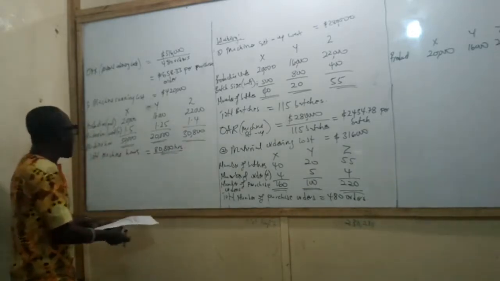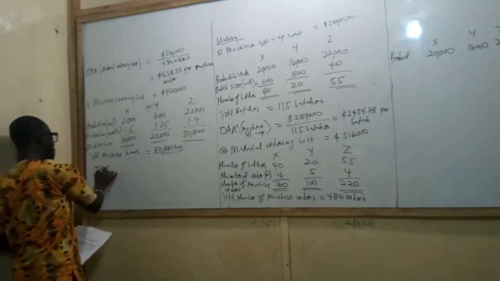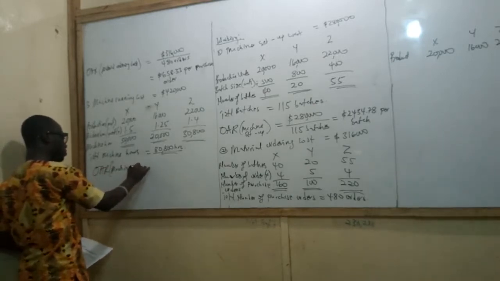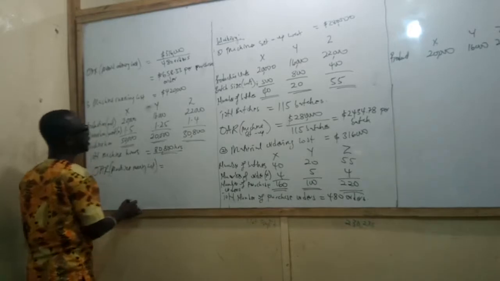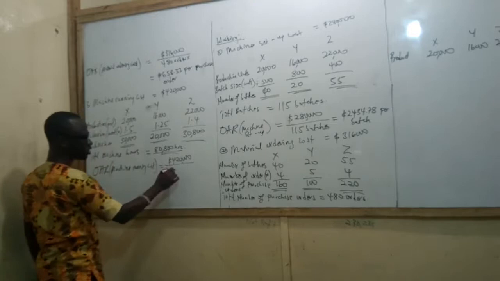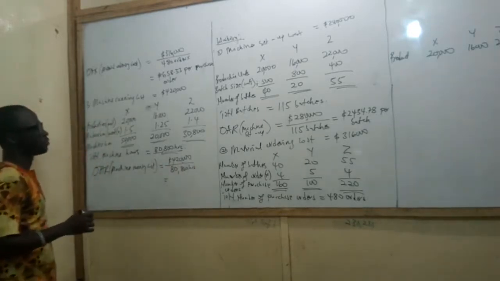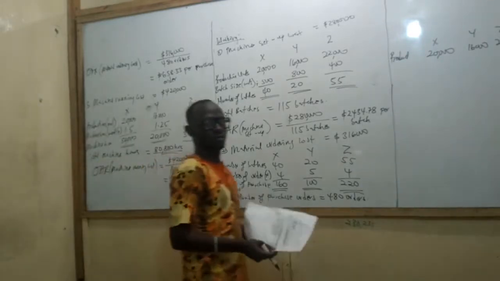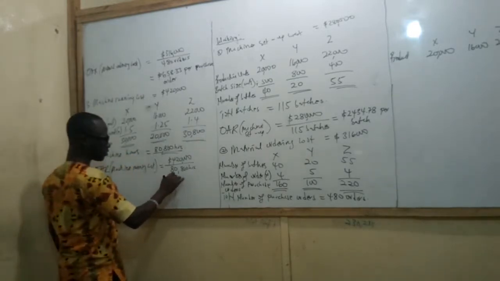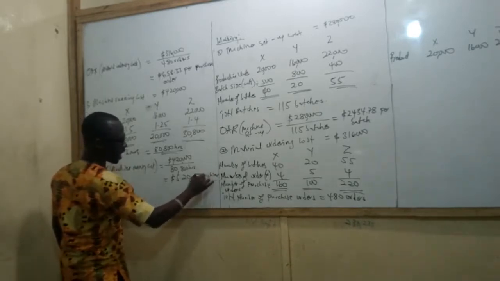Now that we have the total machine hours, we can calculate the overhead absorption rate for the machine running cost to be 420,000 divided by 80,800 hours. What do I have? 5.20 per machine hour.